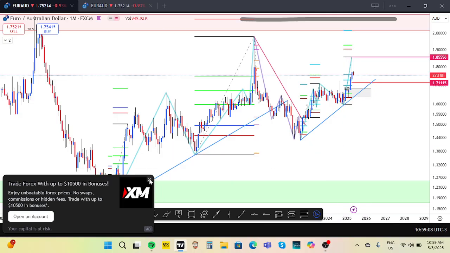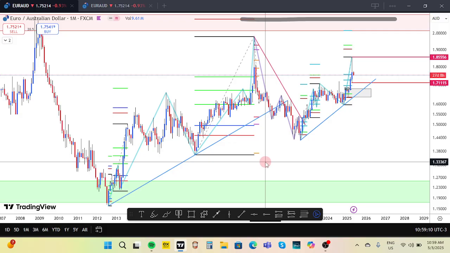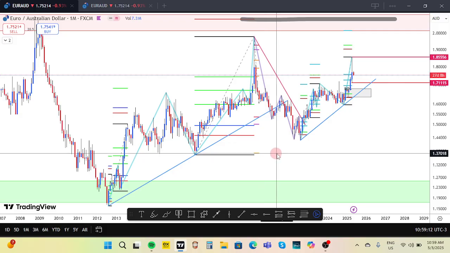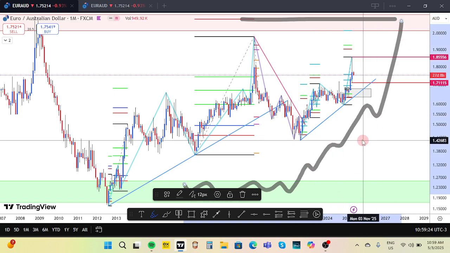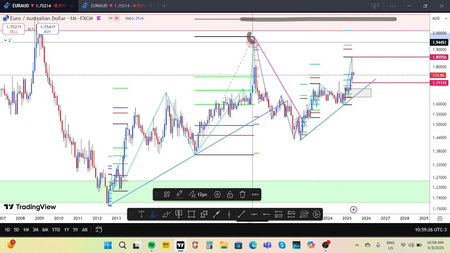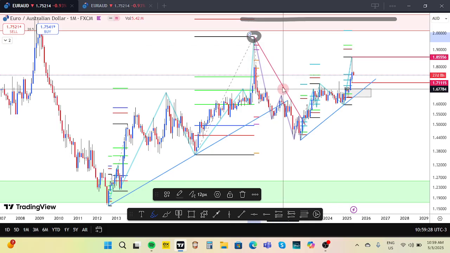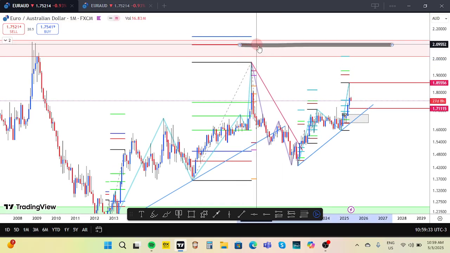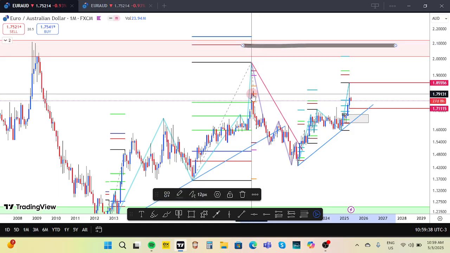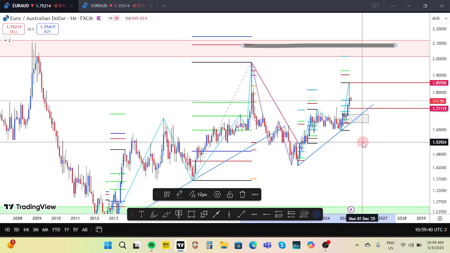The reason why we should be buying the bigger structure, the smaller structure, and the inner structure instead of selling is the monthly support band area. Long term, the market must go up. It has not gotten there right now, in my own personal humble opinion, because my Fibonacci is telling me that long term the market must come to hit this red line right here. So I will be looking for a buy on the smaller time frame.